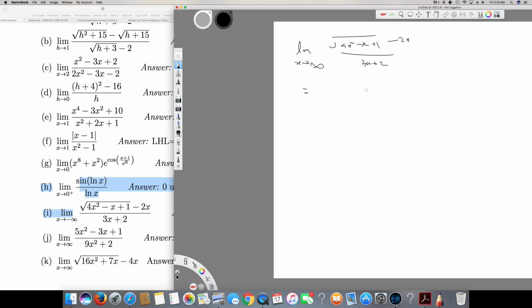Within the square root, the highest power is x square, because the square root of x square is x. Therefore within the square root I have to divide by x square, and the answer of the square root is going to be negative because it's approaching negative infinity.